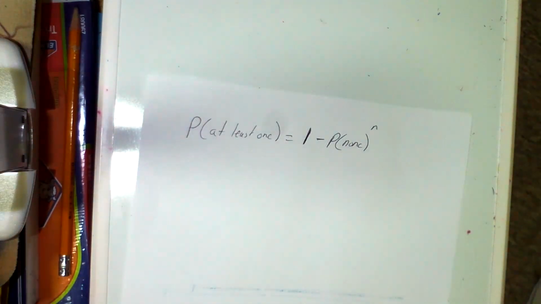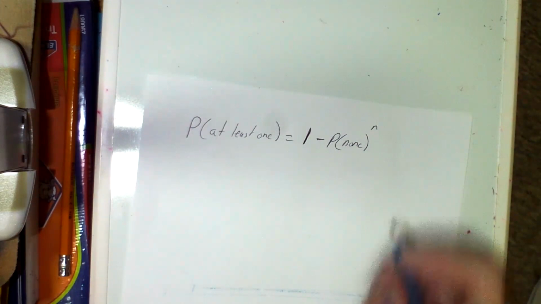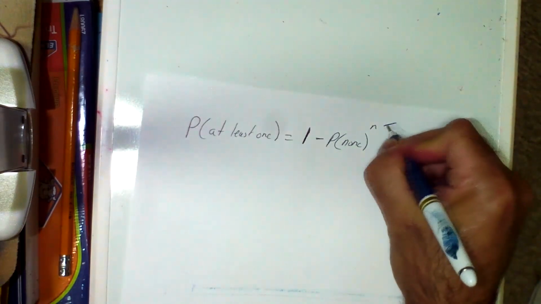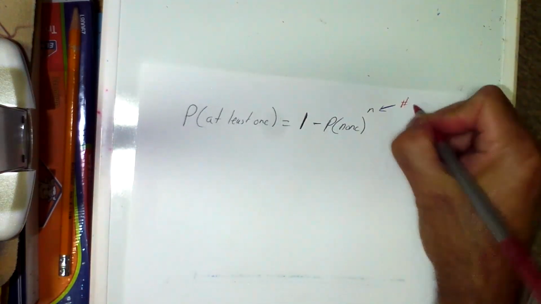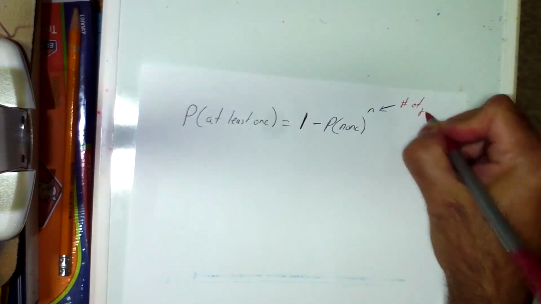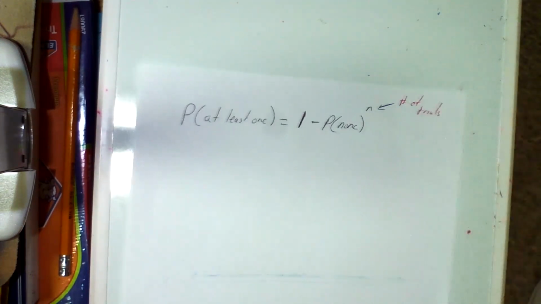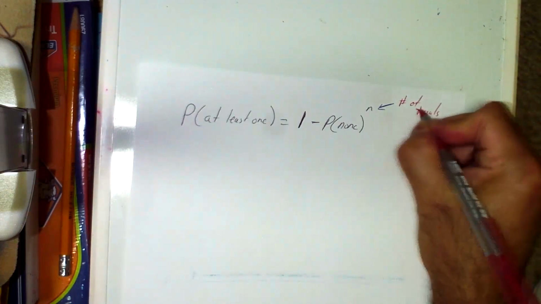This power represents the number of trials. You'll have to look for that in the word problem.